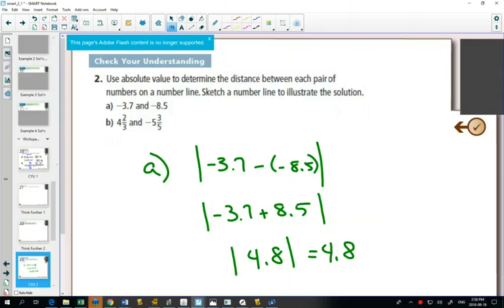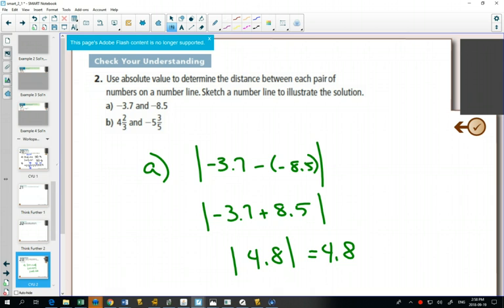It's just equal to 4.8. So would we have needed the absolute value bars at all in this question? No. But had we done the small one minus the big one, it would have fixed that for us, and we wouldn't have done anything wrong in our work all the way through.